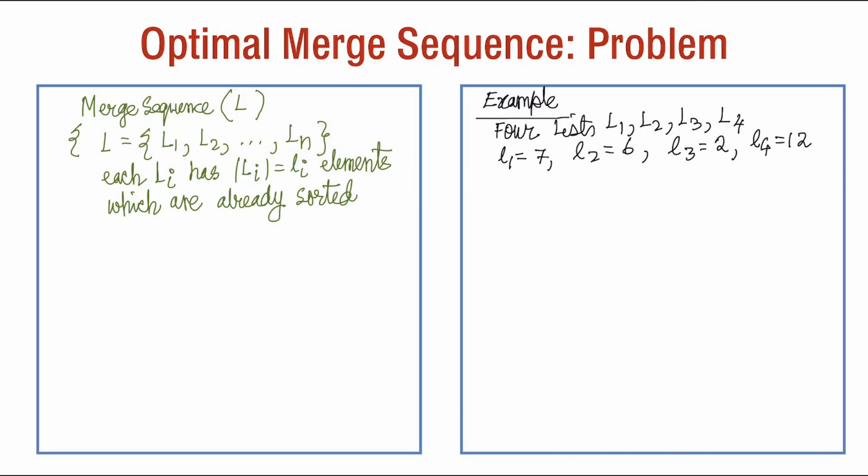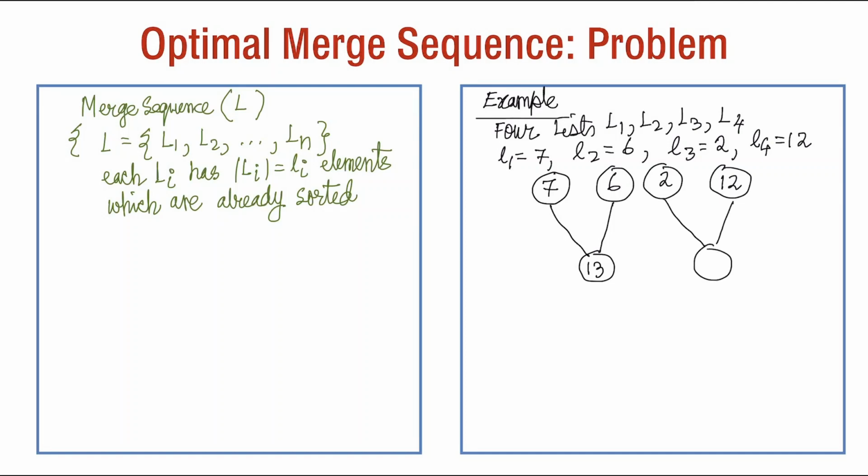We can merge them in the order 7, 6, 2, and 12. One way is to first merge the first two, so we have 13 elements. We merge the next, we have 14 elements, and we merge these two, we will have 27 elements.